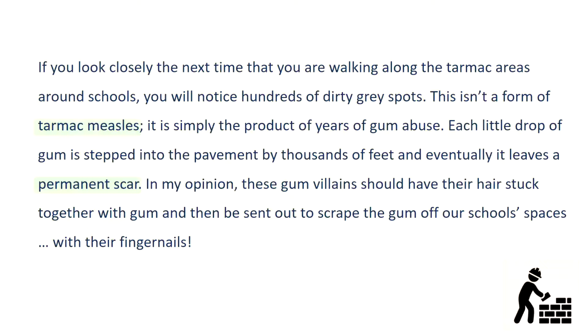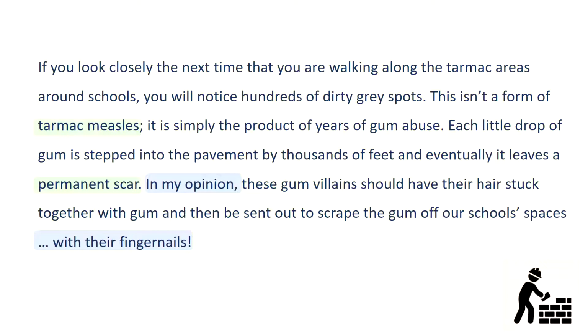Opinion's been so obvious all through this article, but here we actually start this sentence with the phrase, in my opinion, comma, these gum villains should have. That makes this particular statement seem stronger as something that's very much individually coming from the writer. And hyperbole again, the level of punishment that the writer's saying they think the gum villains should have inflicted on them, followed by the ellipsis, the dot dot dot, to create this sense of a pause before outrageously suggesting that they're going to have to scrape the gum off with their fingernails.